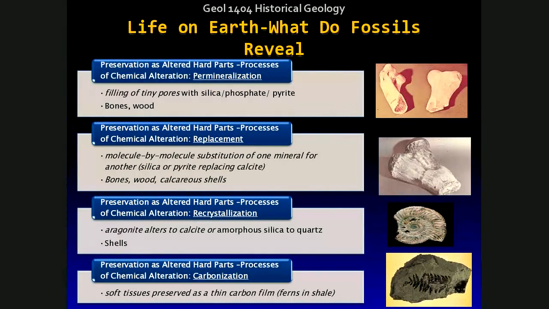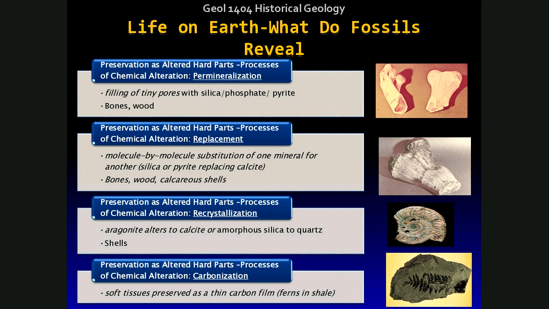So these waters can go into these pore spaces and deposit chemicals such as silica, phosphate, pyrite. These are some good examples. And as a result, the original hard part, right, gets modified or altered.